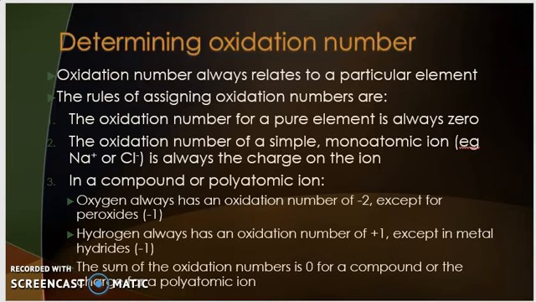And the sum of the oxidation numbers, in other words, if you add up the oxidation number of every single atom in the molecule, compound or polyatomic ion, will add up to 0 for a compound, or the charge on the ion for a polyatomic ion.